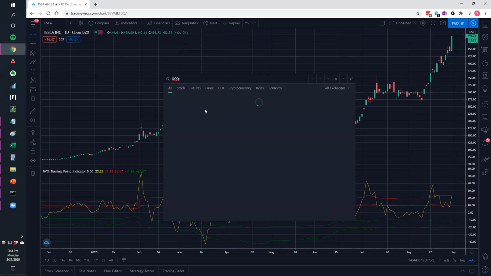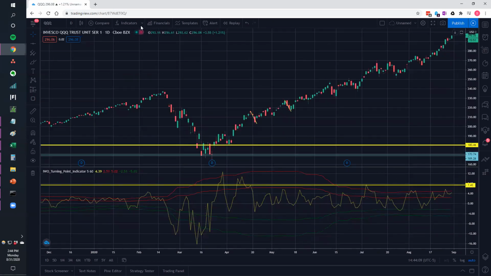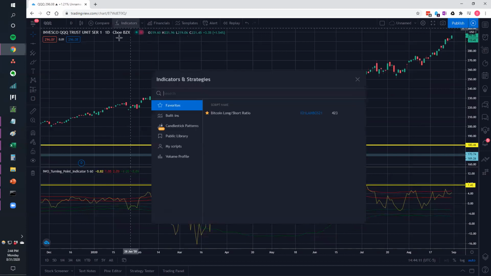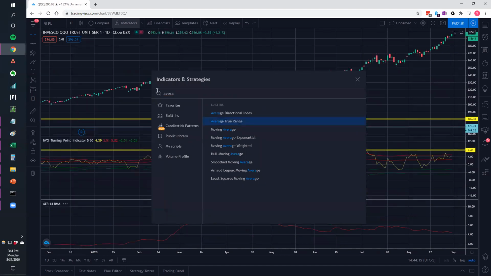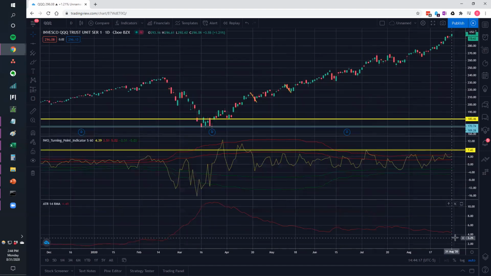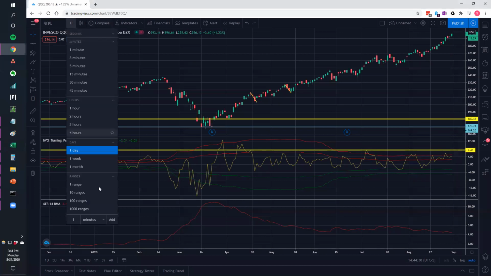So what we can do is we'll take a look at the cues, and the first thing we want to do is look at the average true range. And I normally do this inside of Thinkorswim. Right now the average true range is right around 4. So we can divide 4 by 10, and then instead of looking at a time chart, we're going to look at a range-based chart.